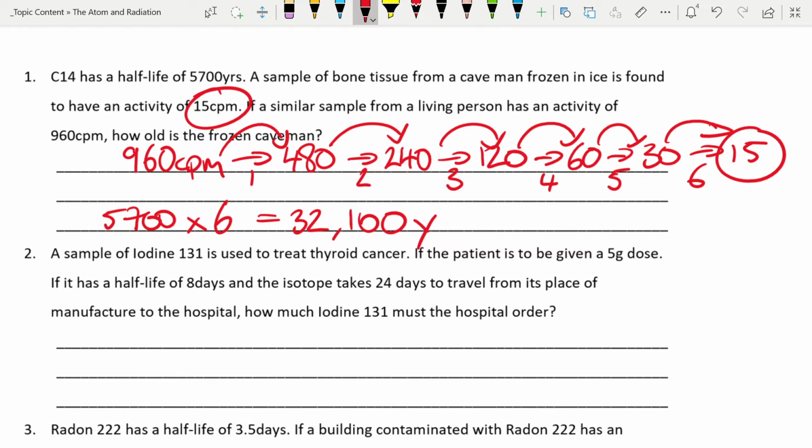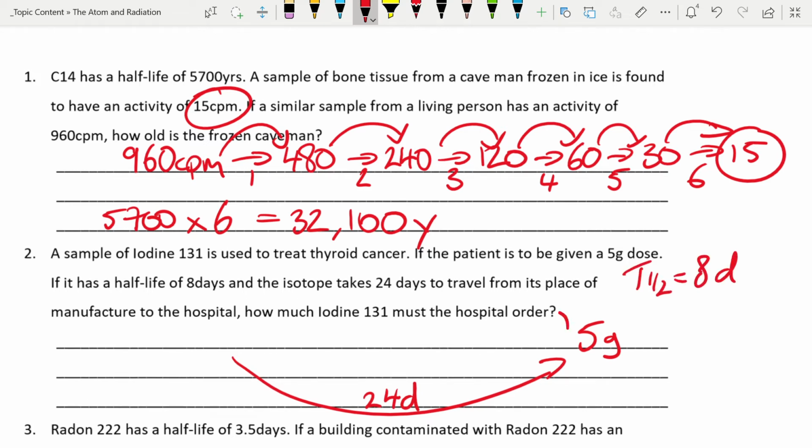We want 5 grams, but it's going to take 24 days for it to get from the factory to there. And the half-life, which is the key thing in all these questions, is 8 days, which means 8 days previous, one half-life ago, there would need to have been 10 grams. 8 days previous to that, there would have to have been twice that amount, 20 grams.